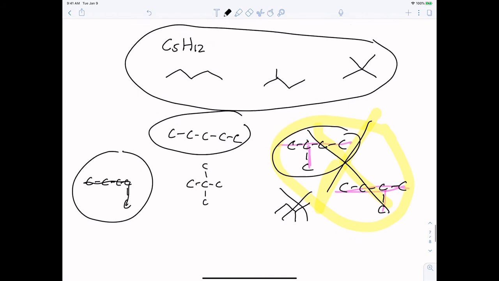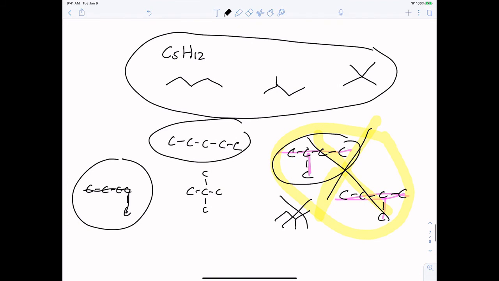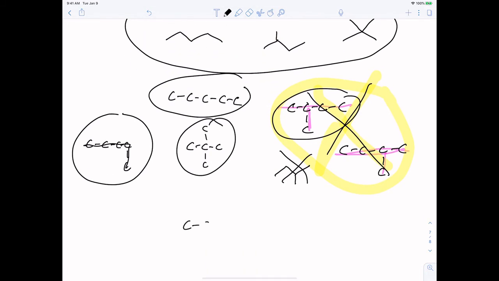So be careful. Going back to this one, if I was to do 3 in a row, and then I decide to put a chain of 2 on here, well now, be careful, this one is the same as those 2, right? It's a chain of 4 with a branch on the second carbon, but again, this part here is just bent.